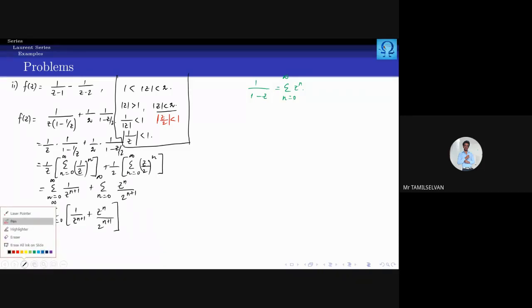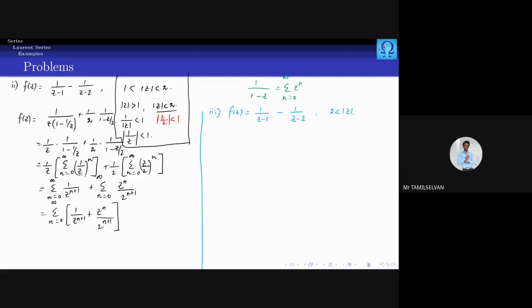Now let us do the next one, that is f of z is 1 upon z minus 1 minus 1 upon z minus 2 in this region. How are we going to evaluate this?